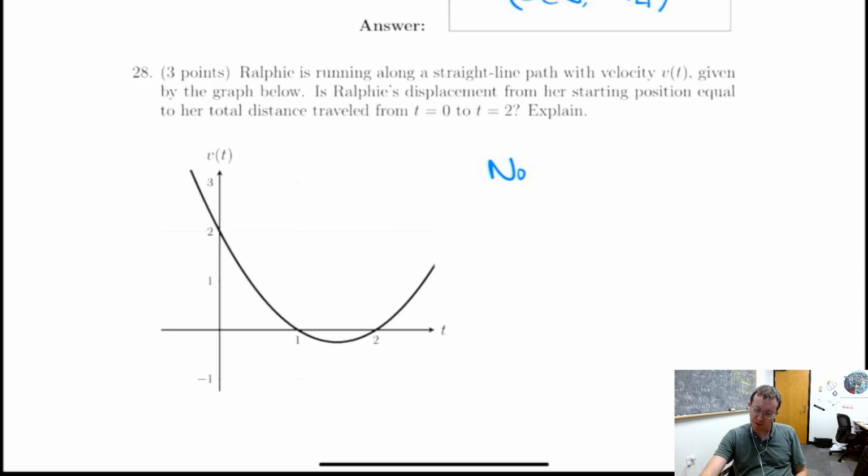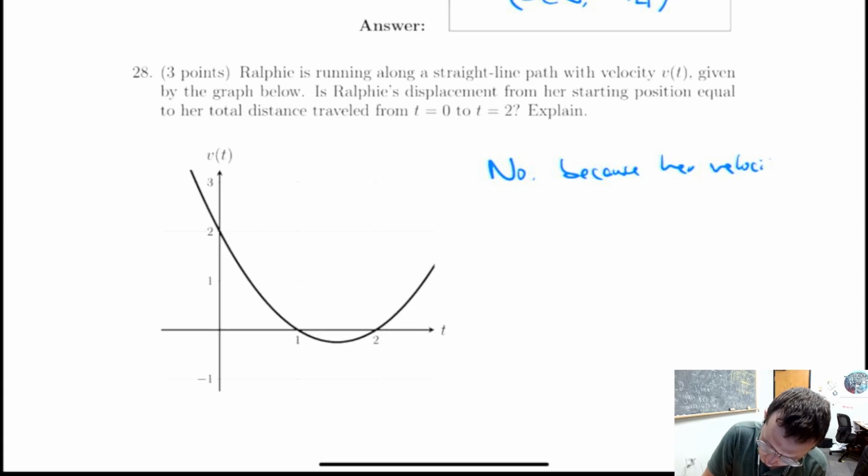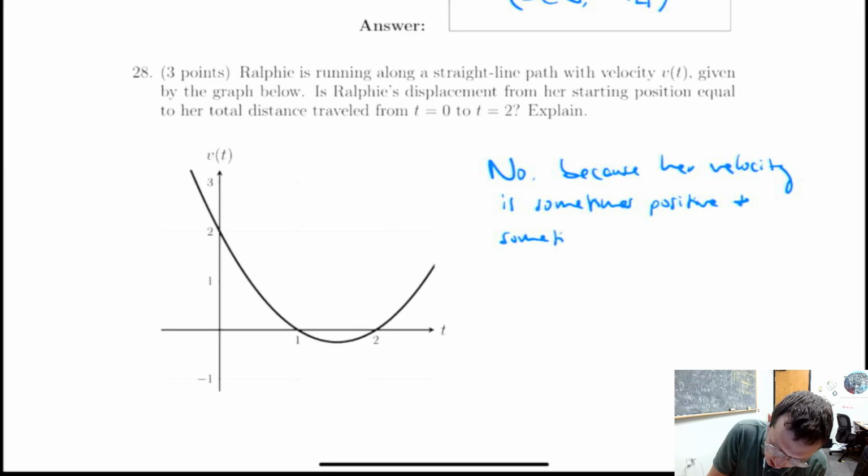So displacement is not equal to distance when the velocity is sometimes negative. When the velocity is sometimes positive and sometimes negative, that means you're going in opposite directions at different times. Some of that distance that you travel cancels out when we think about the displacement, but not the total distance.